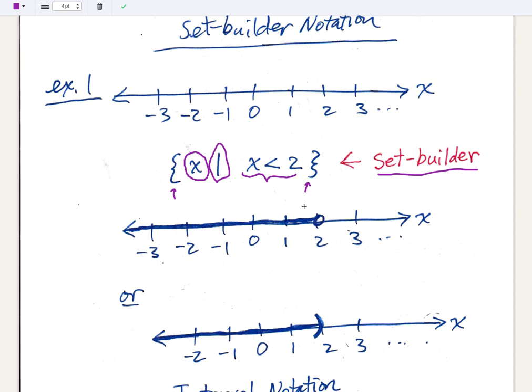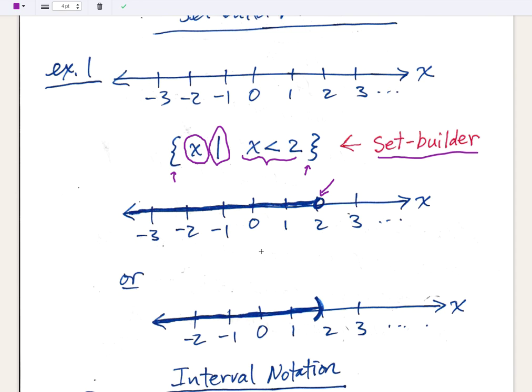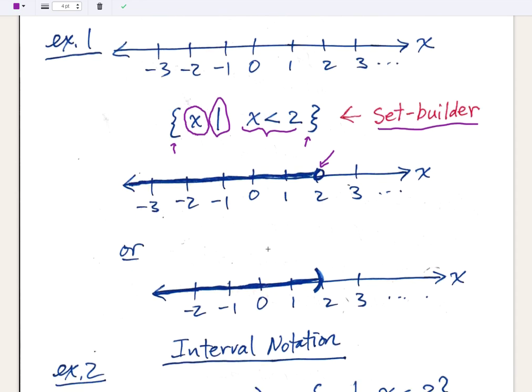For 2 itself, 2 is not less than 2. So to mark the right endpoint of this set, what people will sometimes do is just use an open dot at 2. That indicates you're not actually including the 2 because it's open there. So that's one notation. Or here's another common notation that you will see in some books for the same set.